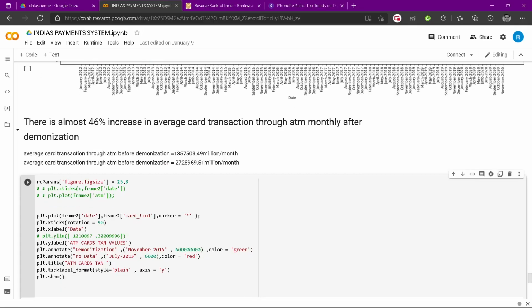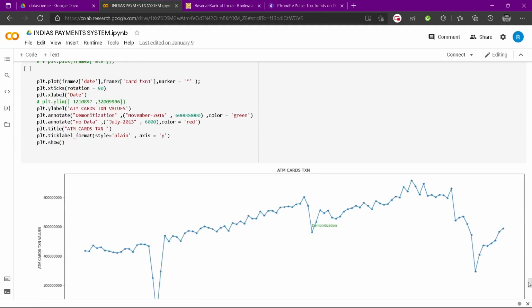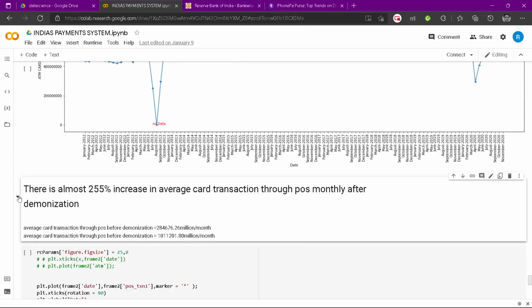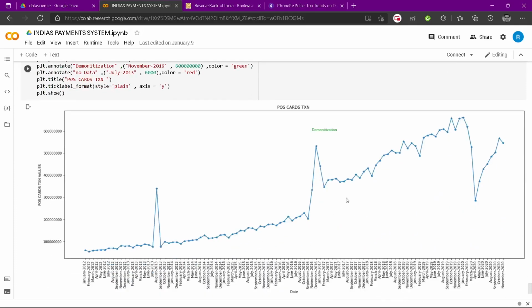After the demonetization there is a 46% increase, which is not that significant if we compare it with the POS transaction amount. If you look at POS, there is a 255% increase in average monthly spending through POS after demonetization. So there is a significant spike.